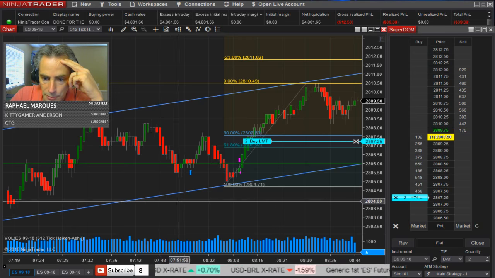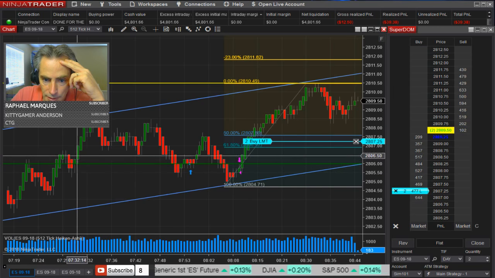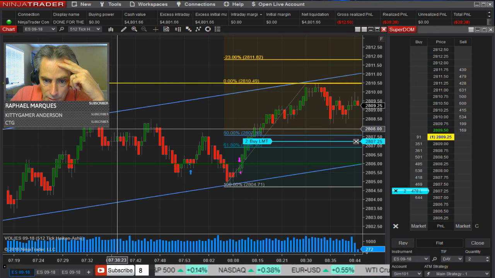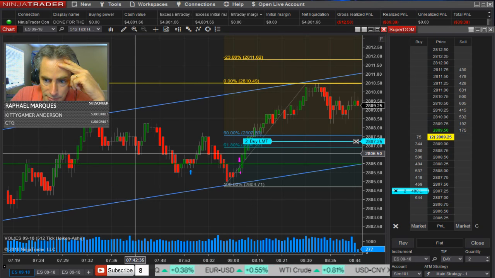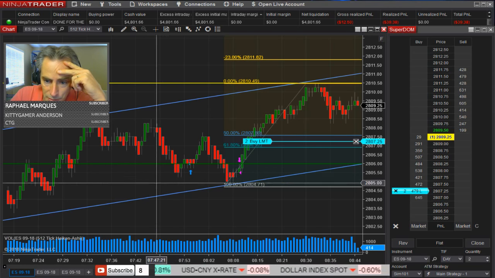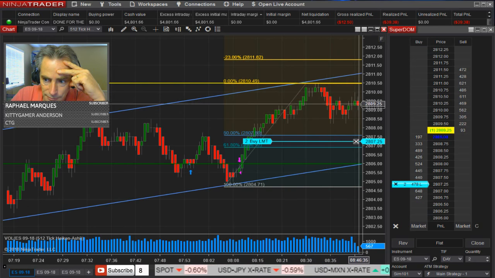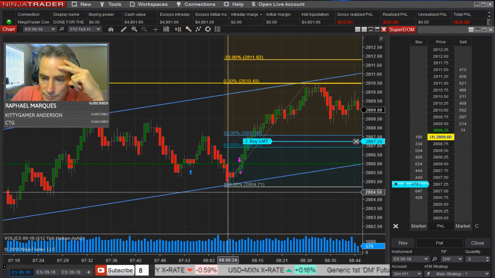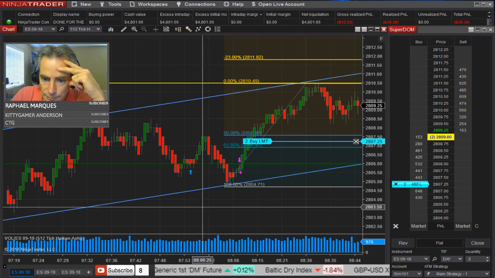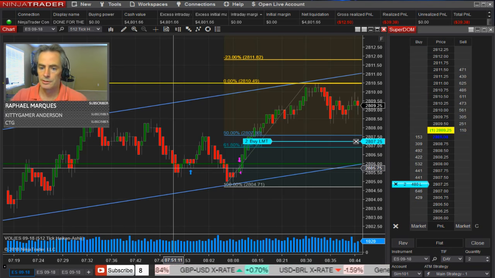Looks like we might get a repeat performance of earlier. Gotta move up, move to the top, come down, make a lower high, came back down again, made a higher high, and then it came down. So we'll see what happens here. Did the same thing here. And that's where we had gotten in that previous trade in our entry area.